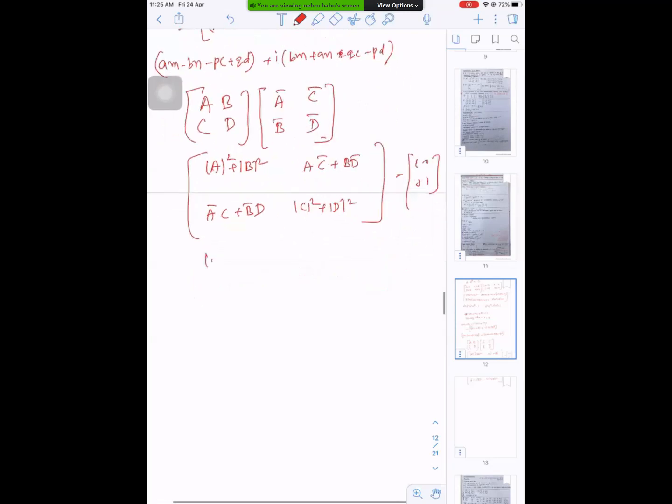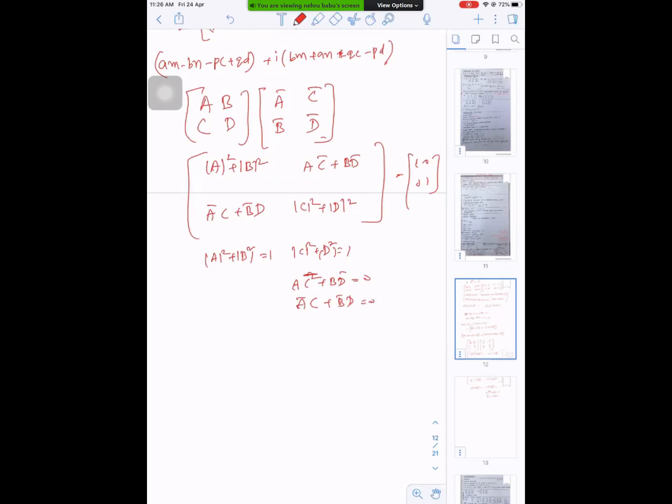So here we know mod A square plus mod B square is 1, mod C square plus mod D square is 1, and A C bar plus B D bar is 0, which means its conjugate A bar C plus B bar D is also 0 obviously.